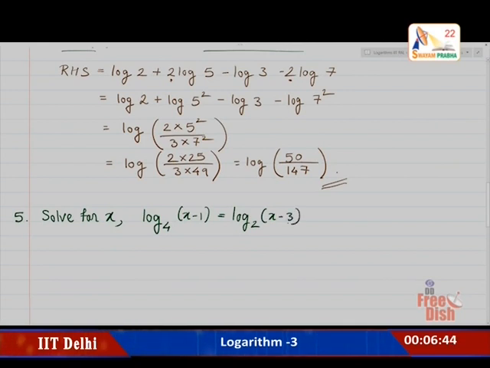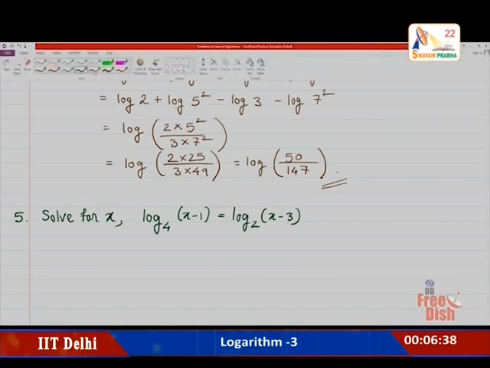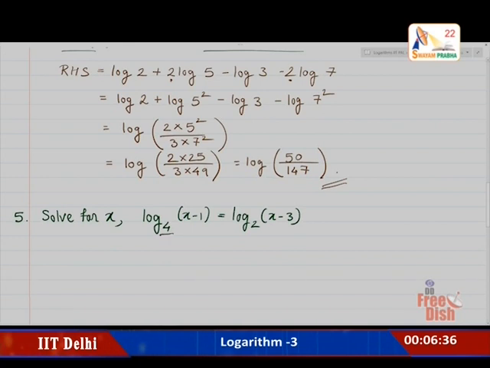Okay. Now if you notice, this problem is slightly different as it has bases which are different. For one, the base is 4, for the other the base is 2. So we have to be a little bit careful in handling these problems, and in such problems the change of base property comes to our help.